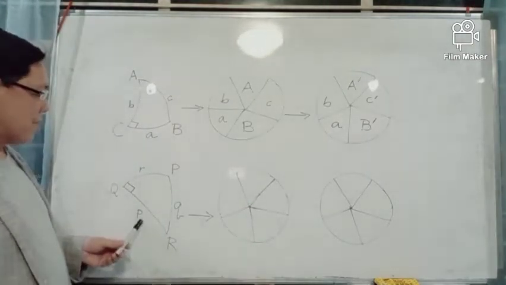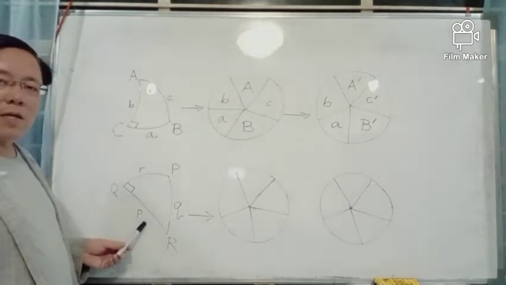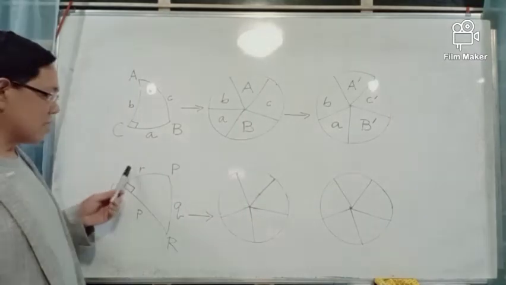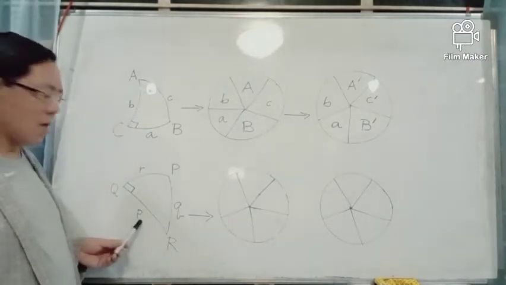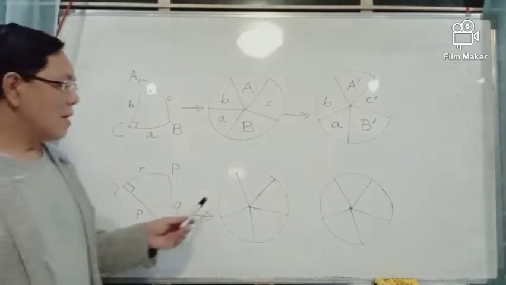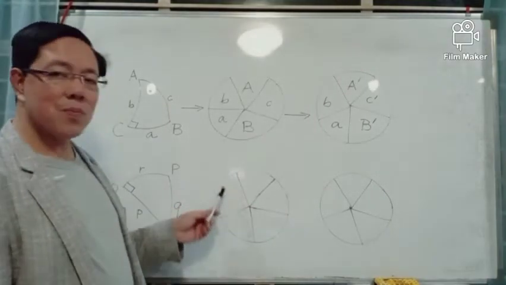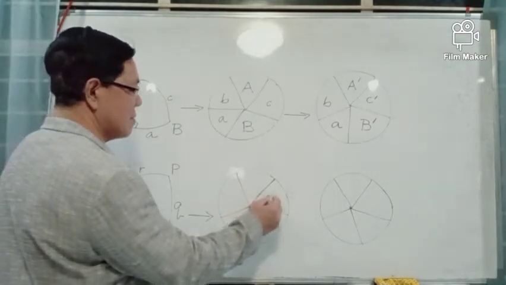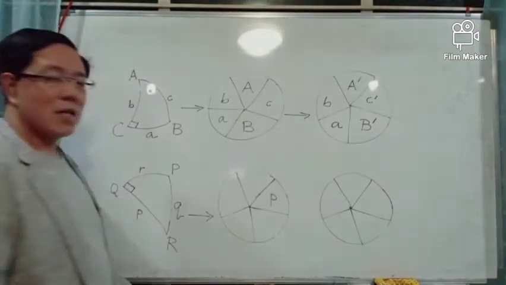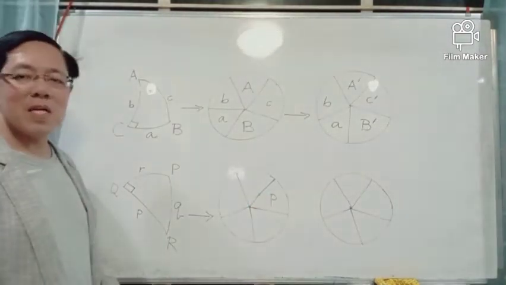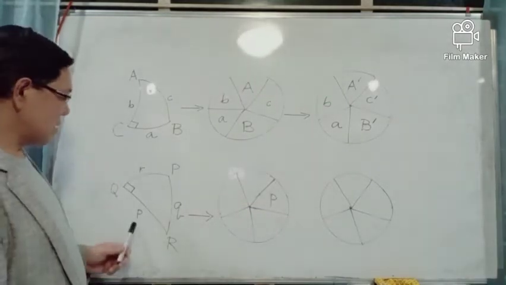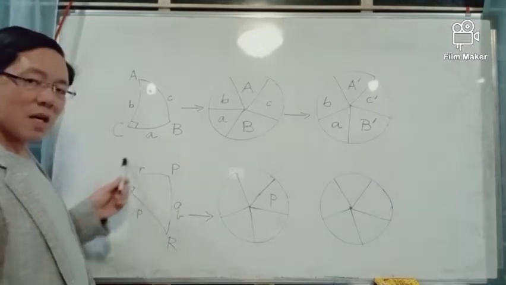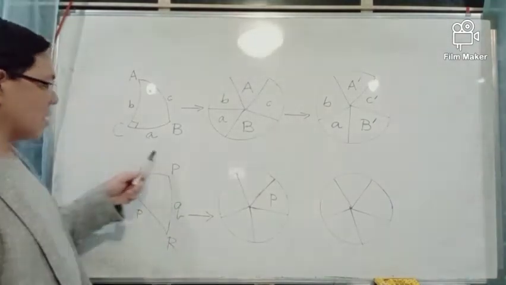We start with the part that forms the right angle Q. You may start with R or P. I will start with P. Again, you may write P in any of the 5 equal parts of this circle. I will write P here. And you write the other 4 remaining parts. Beginning from P, you may go in counterclockwise direction or clockwise direction.